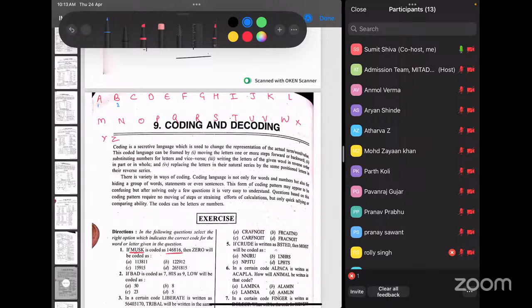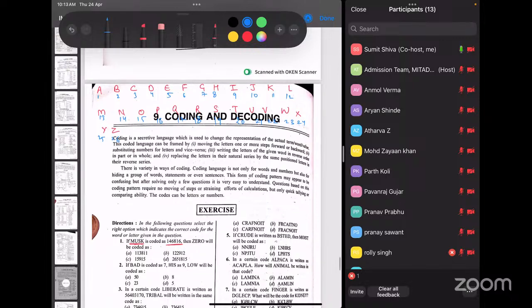So this will be 1, 2, 3, 4, 5, 6, 7, 8, 9, 10, 11, 12, 13, 14, 15, 16, 17, 18, 19, 20, 21, 22, 23, 24, 25, 26. Now, we have MUSK, which is coded as 146816.